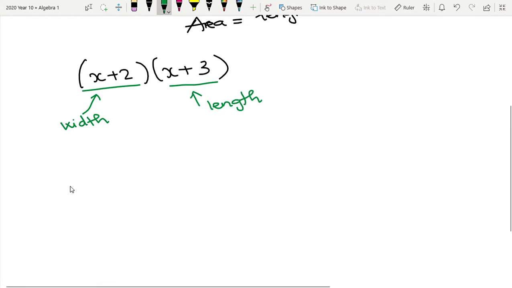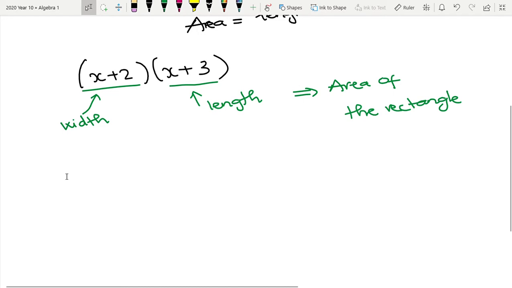So literally you are just looking for the area of the rectangle, which we are about to do now. So you can imagine x plus 2 as width and x plus 3 as length. So how do we do it? How do we get the area of the rectangle?